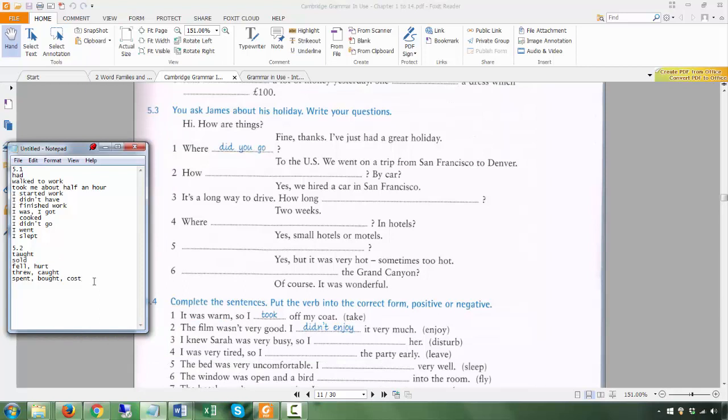5.3. Okay, so now you may need to use the question. How, what, by car? So how did you travel? Okay. By car, yes, we hired a car in San Francisco. It's a long way to drive.